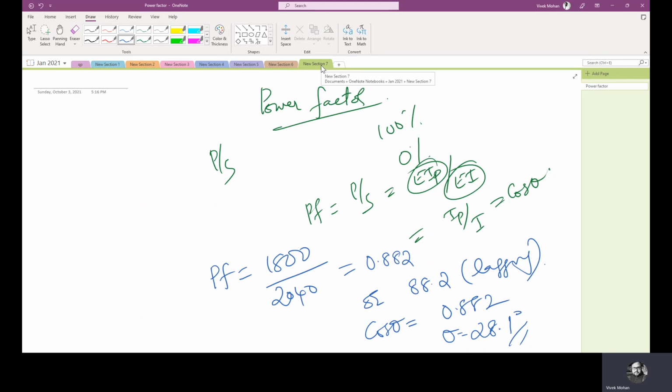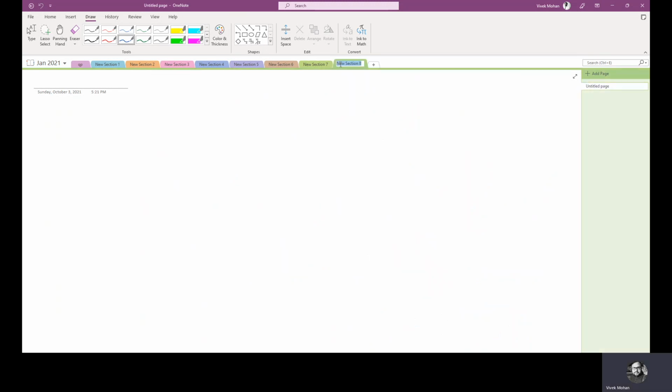So that is one thing. Now, say a single phase motor draws a current of 5 amps from a 120 volt 60 hertz line.